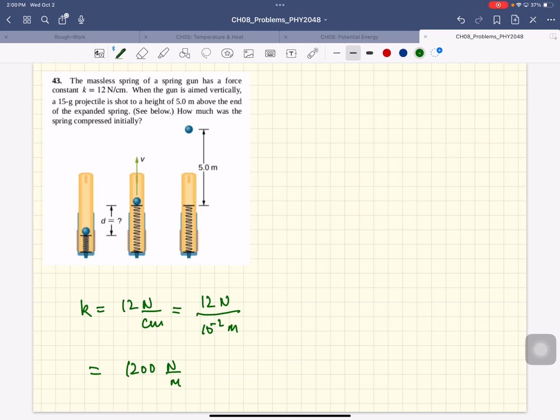Okay, what does this number mean? You would have to suspend a weight of 1200 newtons to stretch the spring 1 meter. 1200 newtons is roughly twice my weight. Okay, so two of me would have to hang on to the spring to stretch it by a meter.